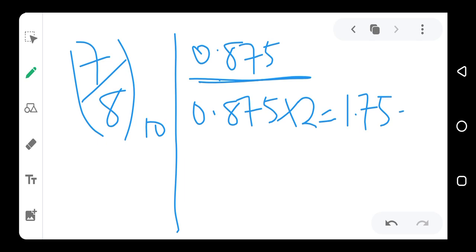Now write the whole number, which is this part. That is 1. Write the whole number, which is 1. And now carry the decimal number, which is 0.75. Carry it to this side.